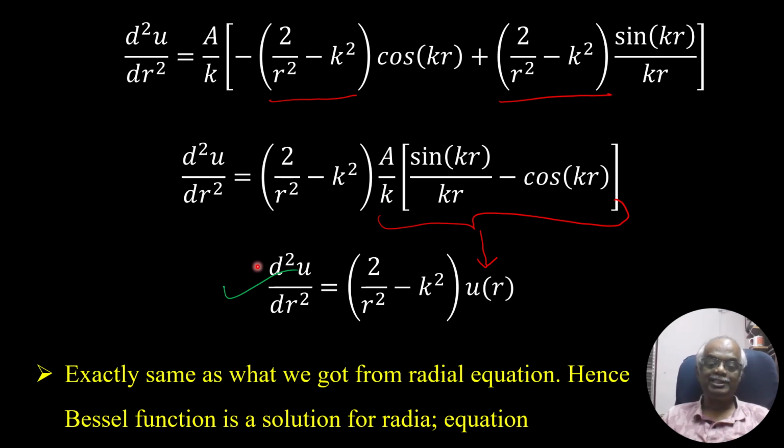That means the Bessel function is a valid solution for the radial equation. Here we have taken J1 as reference, that is L equal to 1 as reference. So this is valid for all Bessel functions. That means now we established that the Bessel function is a solution of the radial equation.